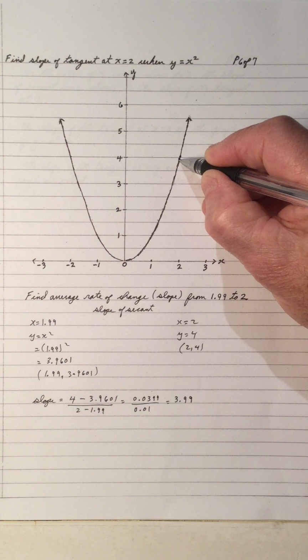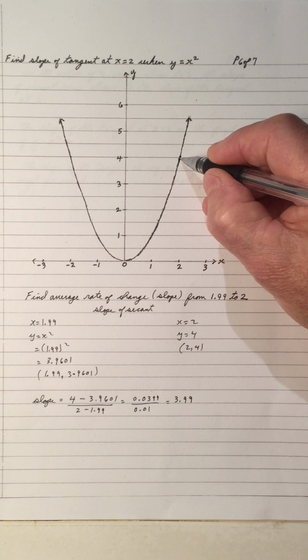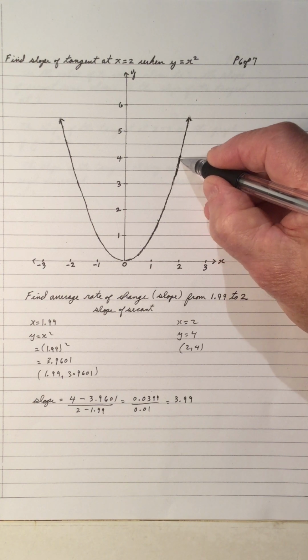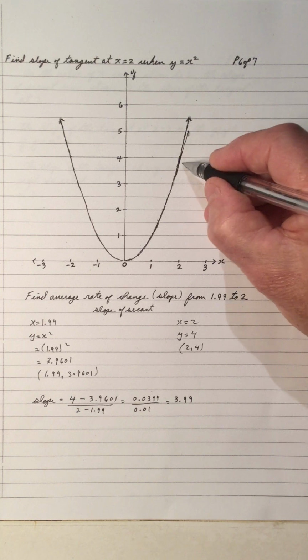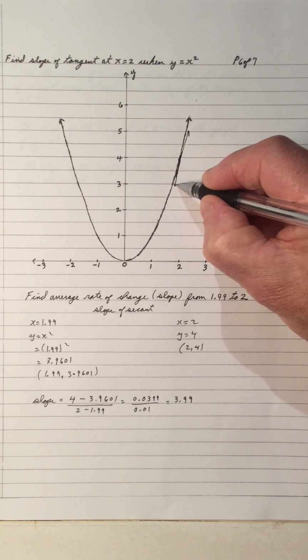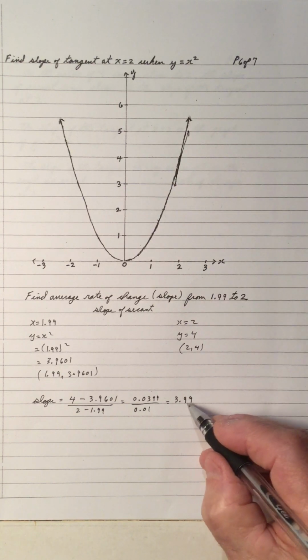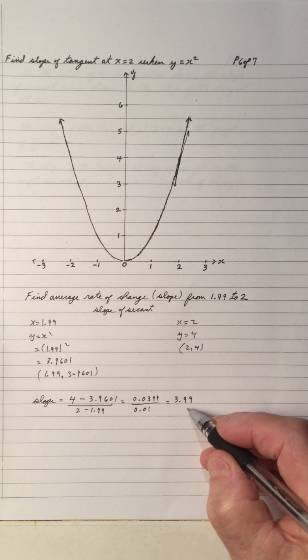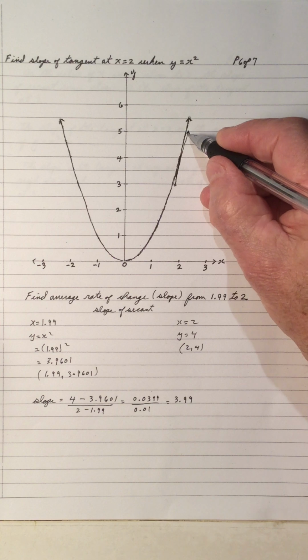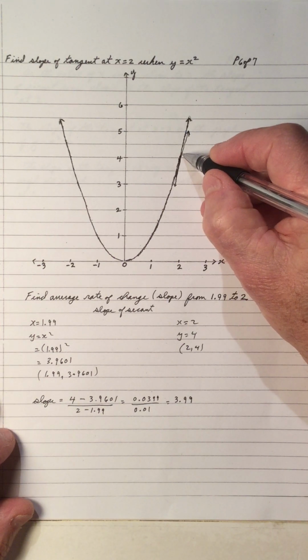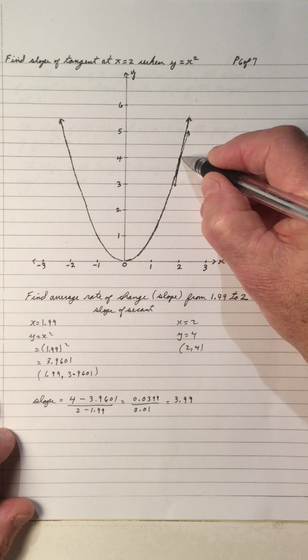This is 1.99, giving me 3.96. So the two of them are very, very close together. So the secant is the line that passes through these 2 points. And notice the points are getting closer and closer. So this is 3.99, and if you look at it closely, these 2 points are getting so close together.